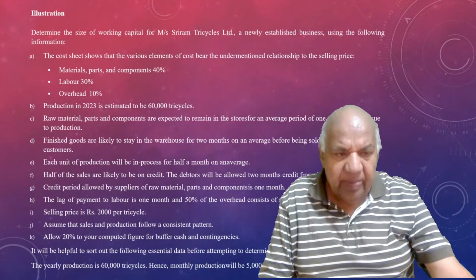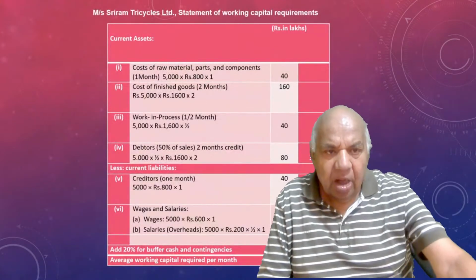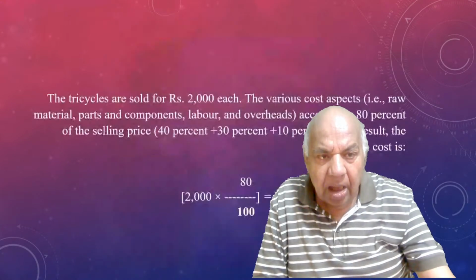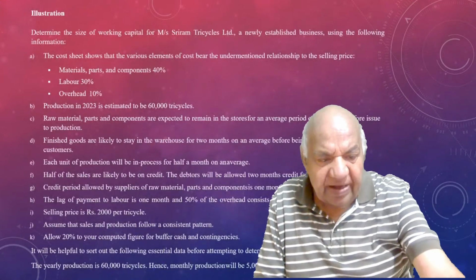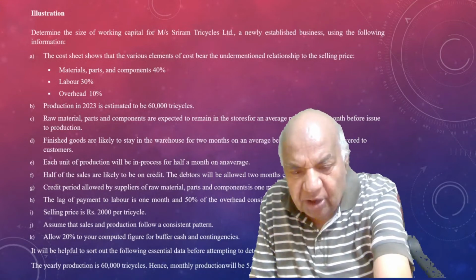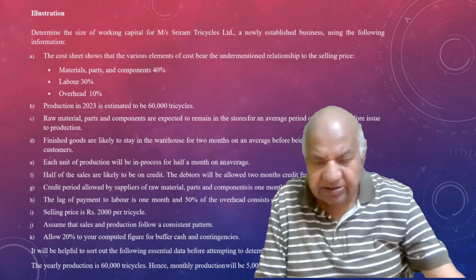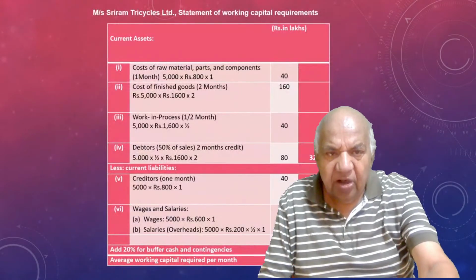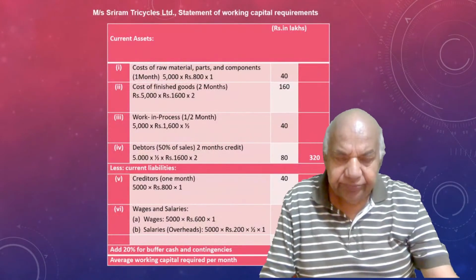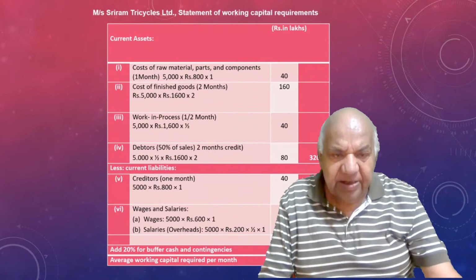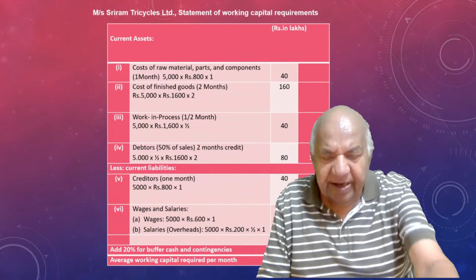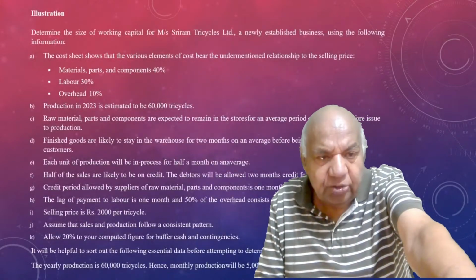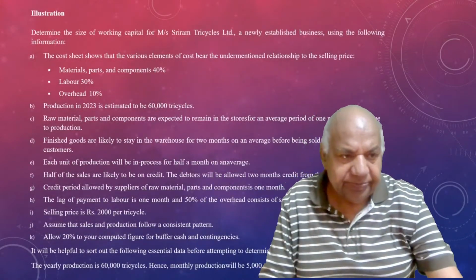Now, one by one calculation. Cost of materials. It is given here, the monthly production is 5000 tricycles. So we are calculating it for 5000. Cost of raw materials 800, 40% of 2000.